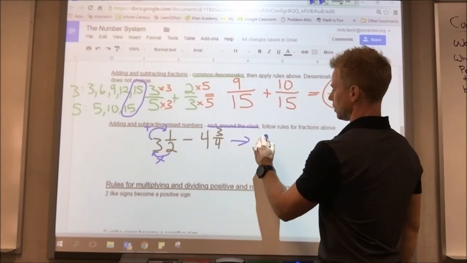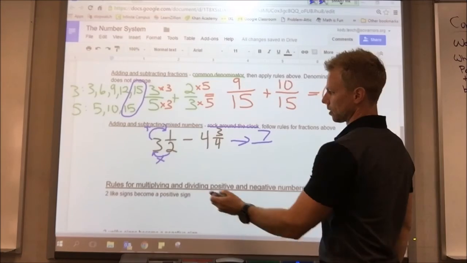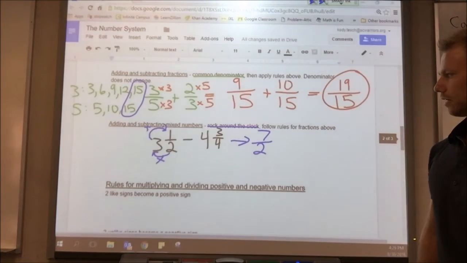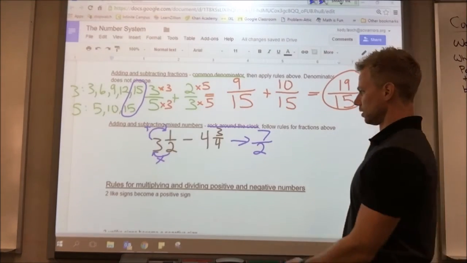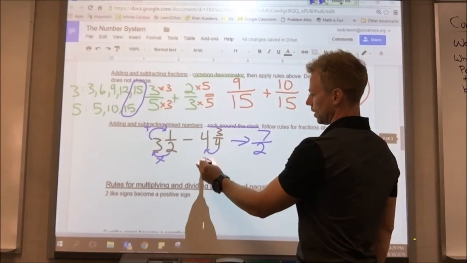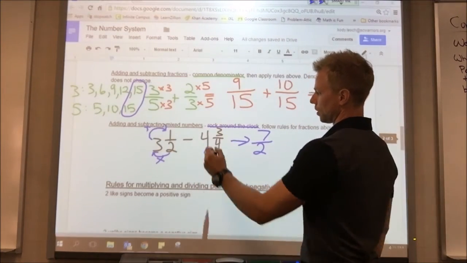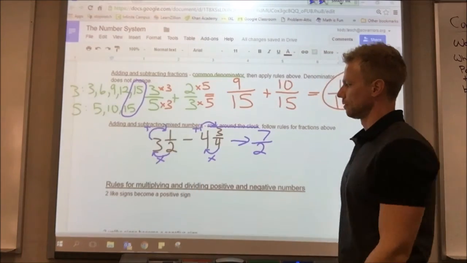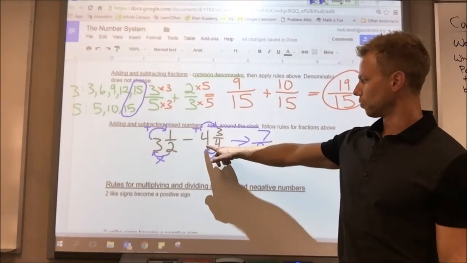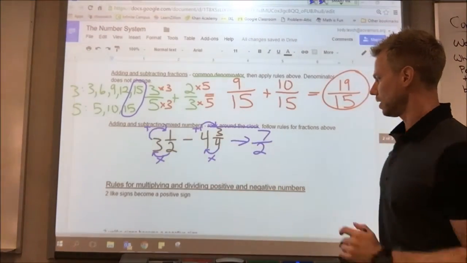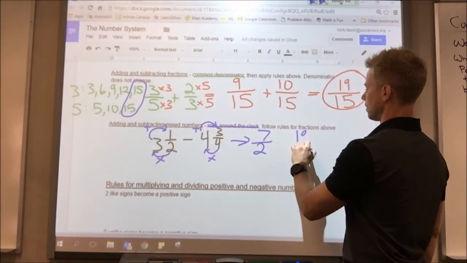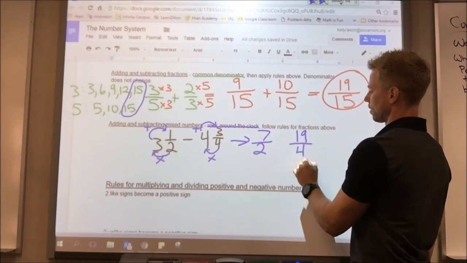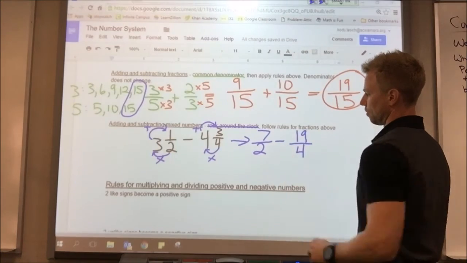So that's going to turn into 7 over the original denominator of 2, 7/2. Then over here, we're going to do the same thing. We're going to rock around the clock. We're going to multiply, and then we're going to add. 4 times 4 is 16, plus 3 is 19. And that's going to be over the original denominator of 4. And then we still have our minus in between.